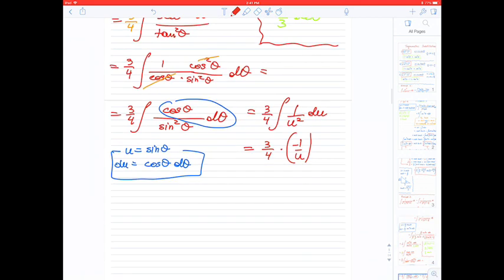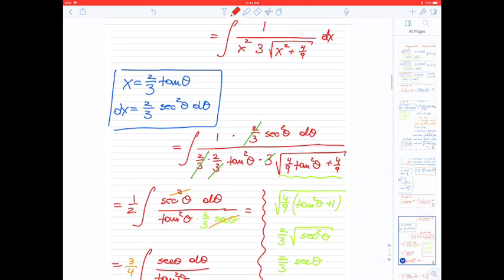Okay, and now let's substitute back. 3/4 times negative 1 over sine theta, which I can write as negative 3 over 4, 1 over sine is cosecant, plus the constant of integration. But we have to get back to the x expression.